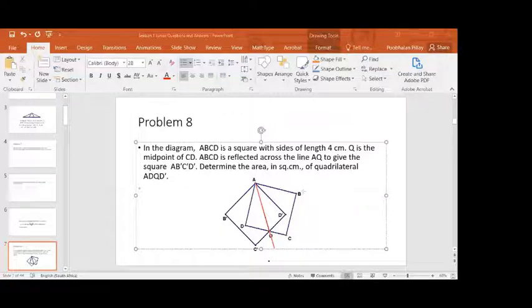What this means is that if you think of this red line as a mirror, then B looks at itself there. It has to be reflected to B prime.